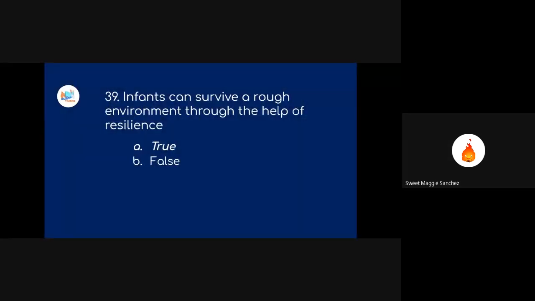Okay. Question 39, and the last question. Infants can survive a rough environment through the help of resilience. So, yes, true siya.